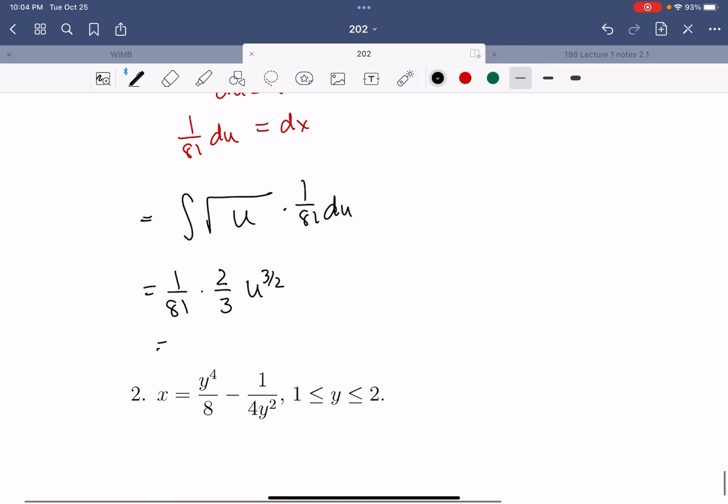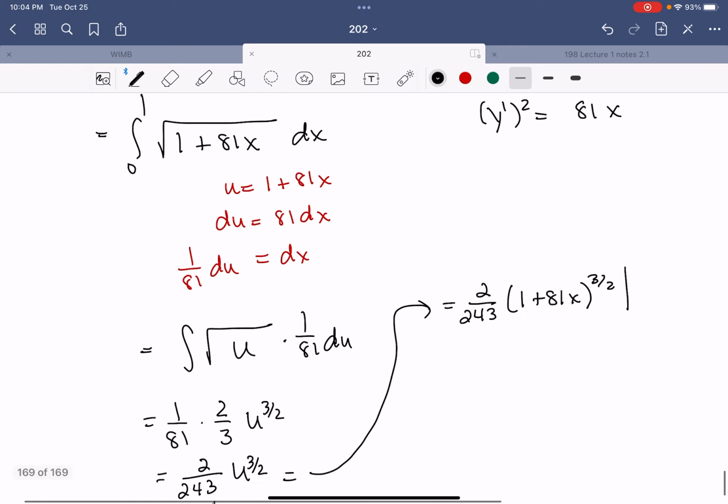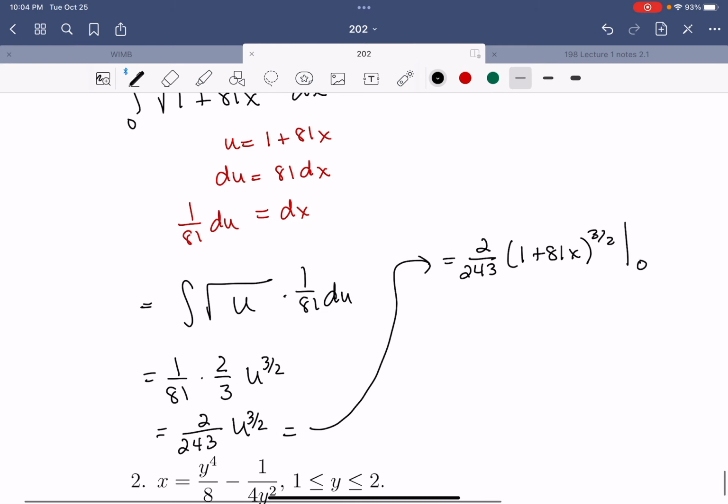So this is going to give us 2 over 243, u to the 3 halves, which we're going to sub back in to get 1 plus 81x to the 3 halves. And we're evaluating that one. Our boundaries were from 0 to 1.